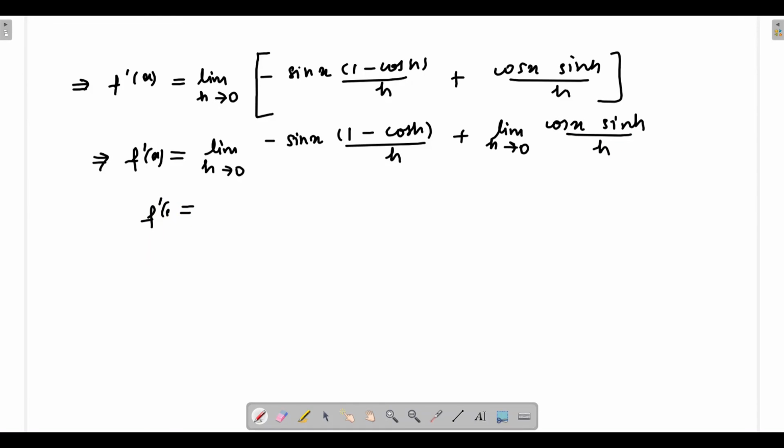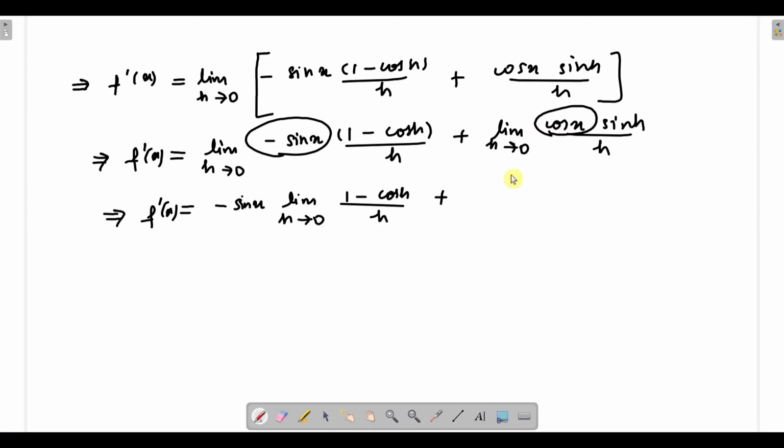Now we can take this minus sin x outside because this is a constant with respect to h. We are taking the limit with respect to h, so minus sin x will come out of the limit. Then limit h tends to 0 of 1 minus cos h divided by h, plus cos x, which is also constant with respect to h, so that will come out too. Cos x times limit h tends to 0 of sin h divided by h.